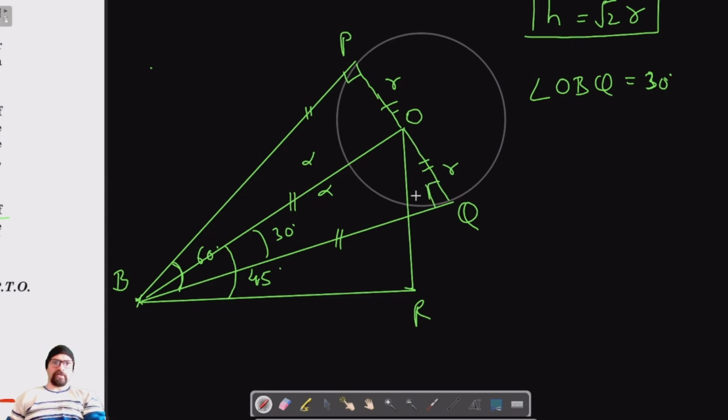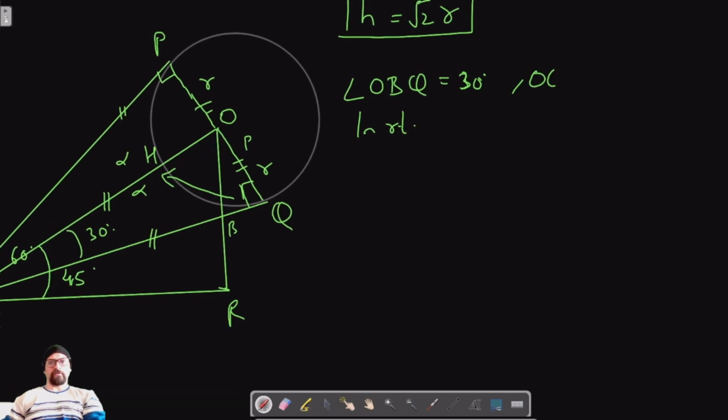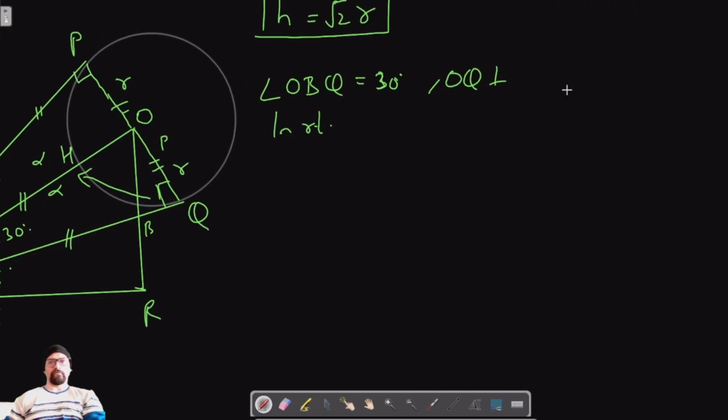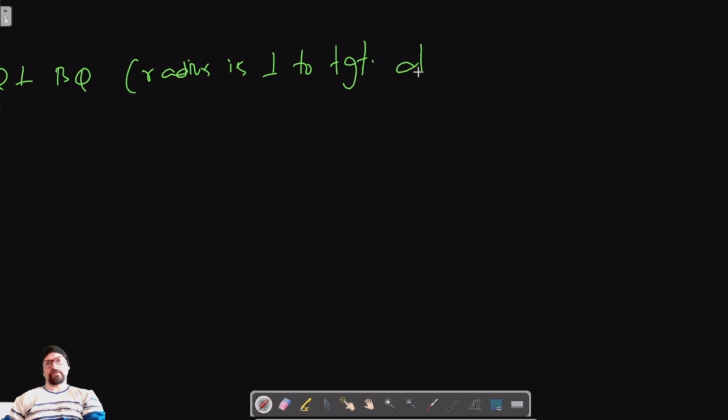Okay, now this angle is 90 degrees, so that means this is the hypotenuse, and for this angle, this is the perpendicular and this is the base. Now, you can also write that OQ is perpendicular to BQ. Why? Because radius is perpendicular to tangent at point of contact.